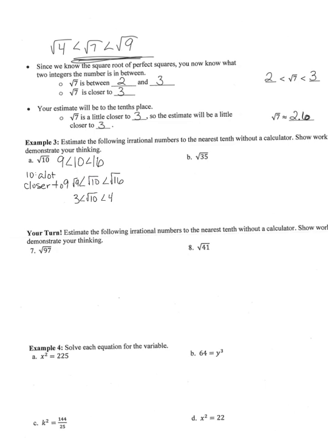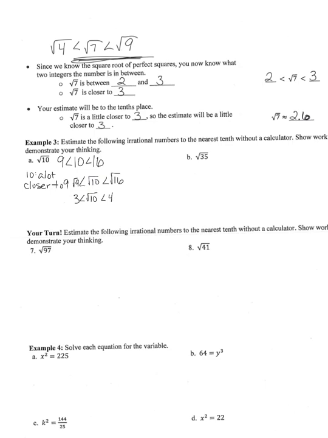So some value between 3 and 4 is what the square root of 10 would be. And keep in mind, this is an estimate, but when we look at it, 10 is real close to 9. Like we said, it's much closer to 9 than it is to 16. Therefore, we know that the square root of 10 is much closer to 3 than it is to 4.